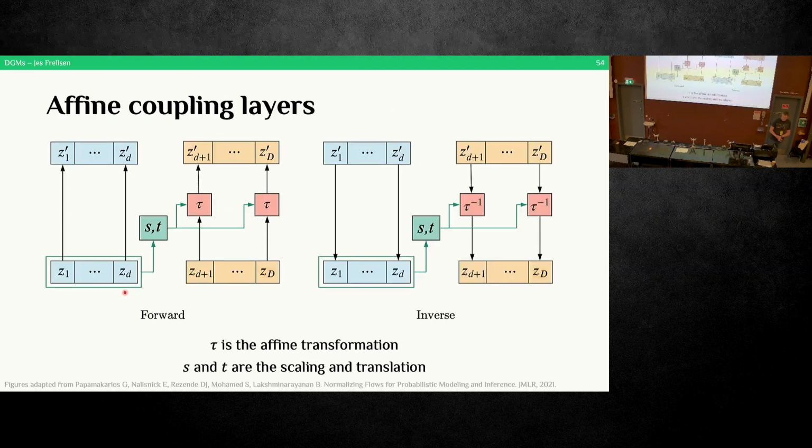The idea with the affine coupling layer is that imagine I have a vector z that I want to transform into z prime. Assume that it's a capital D-dimensional vector. Then I take the first small d dimensions of my vector, and I don't do anything with them. I just have the identity transformation.